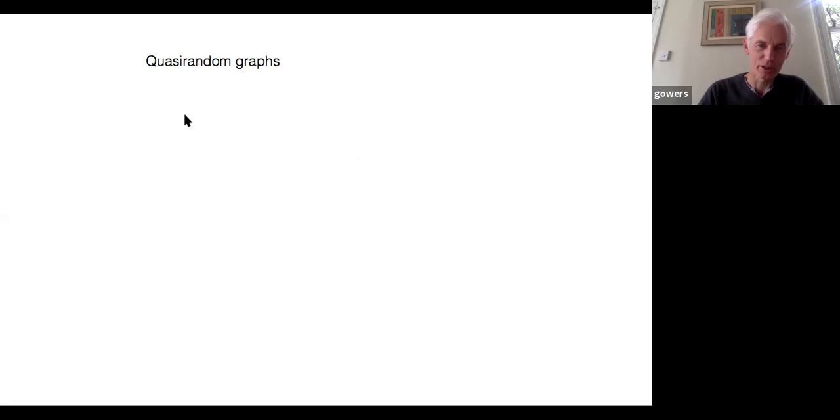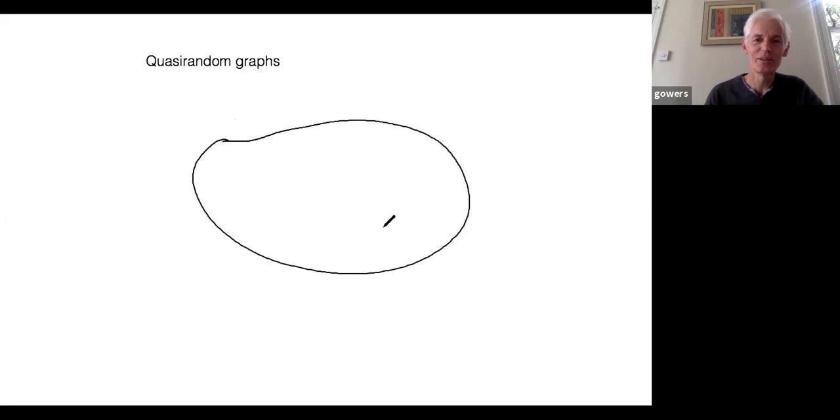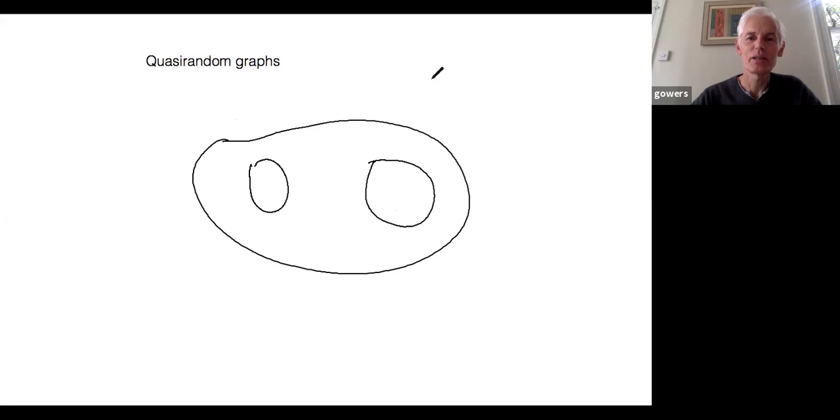So one property is this. I've got a graph, which I'll just represent as a blob, filled with vertices and edges. Now let's take two sub-blobs of that blob. By the way, the graph has density p, so that means it's got p times n choose 2 edges.